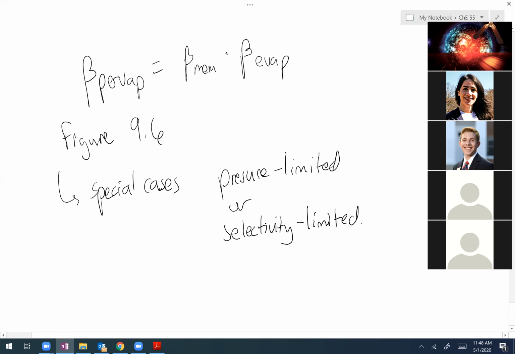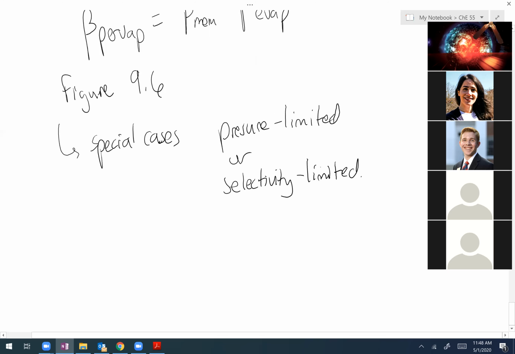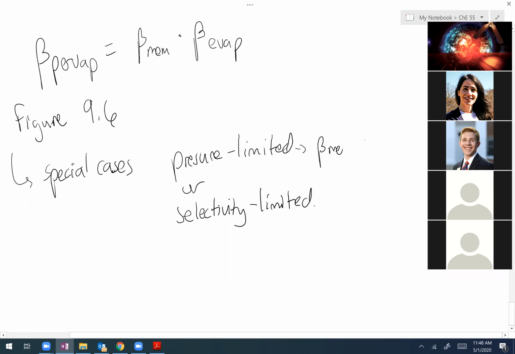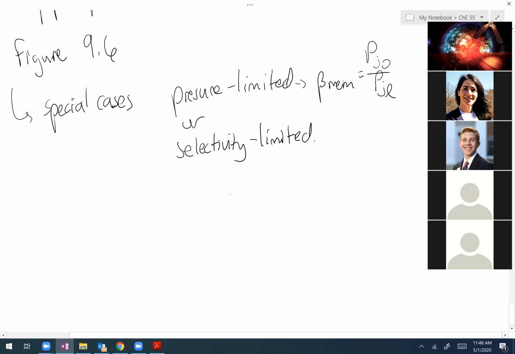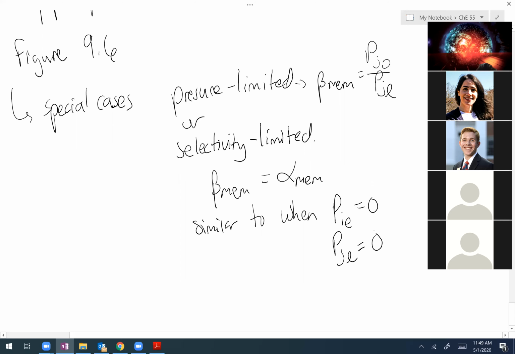For our pressure limited case, our beta membrane becomes a ratio of the partial pressures in the feed and the permeate. For our selectivity limited case, our beta membrane becomes our alpha membrane because we're limited by the selectivity of the membrane. Similar to when we don't have any pressure on the permeate side, because we have a vacuum where that pressure is low.